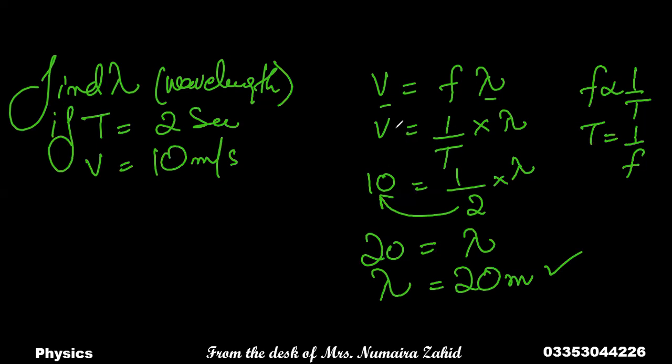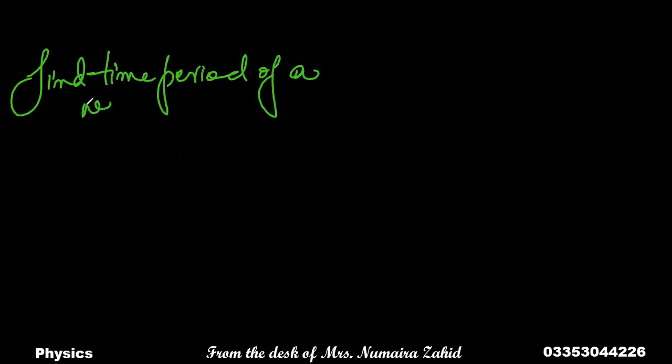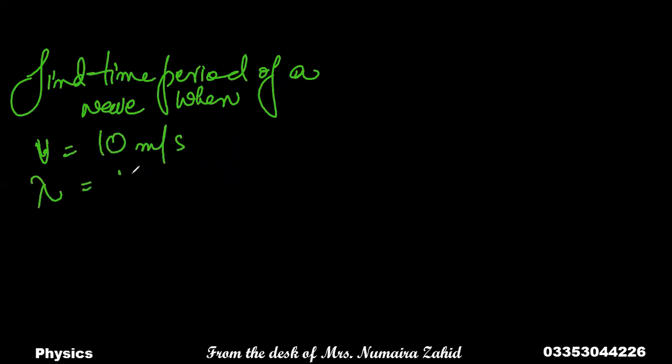And there is another situation: find the time period of a wave when the velocity of the wave is 10 meters per second, its wavelength is 10 meters, and its frequency is 20 hertz. Now we are finding time period and we have all three values.